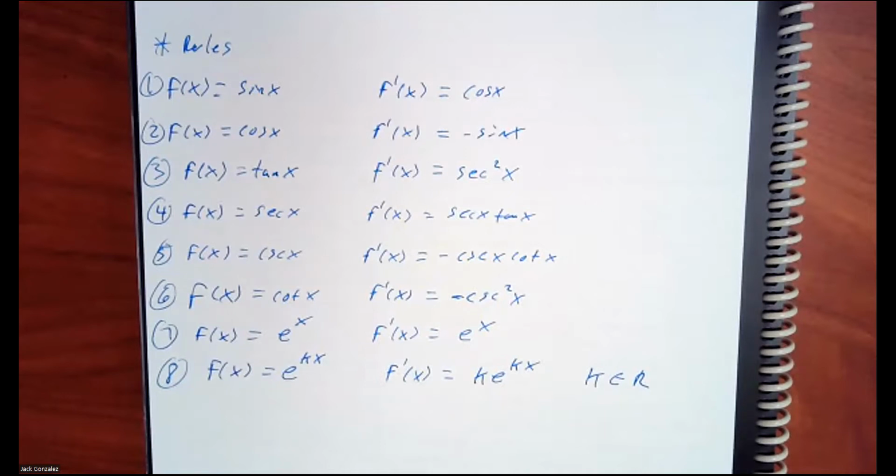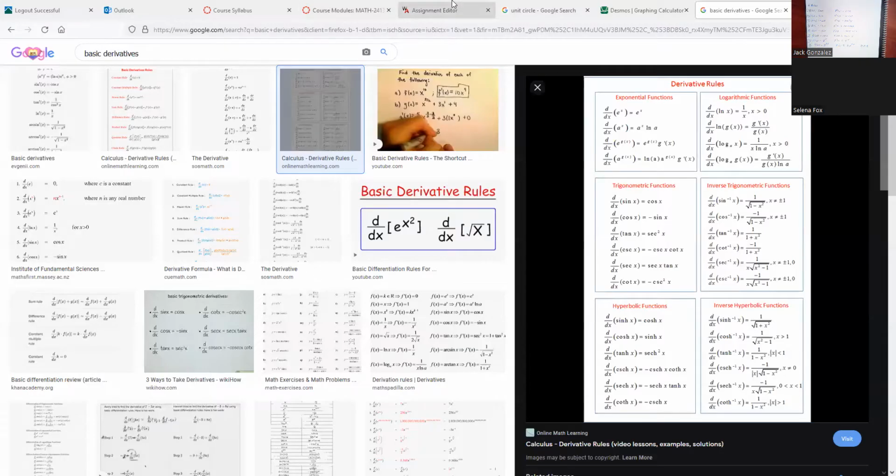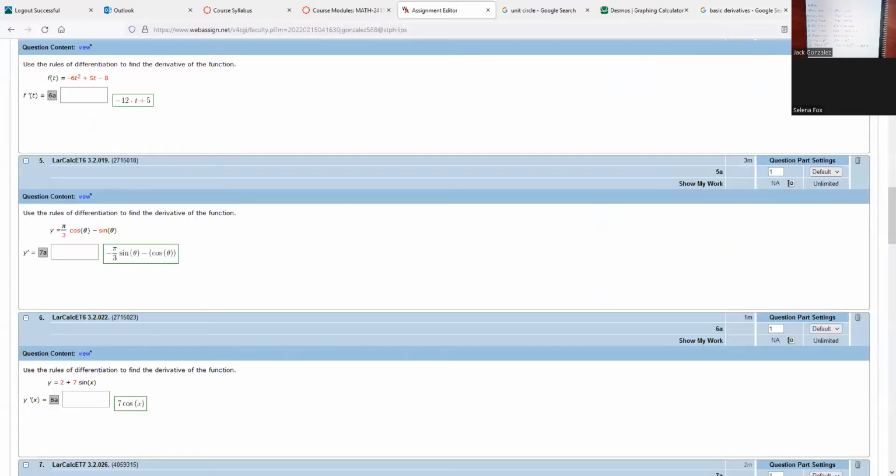Okay. Look at the example. So here you go. Find the derivative of cosine and sine minus sine. You write this question down.